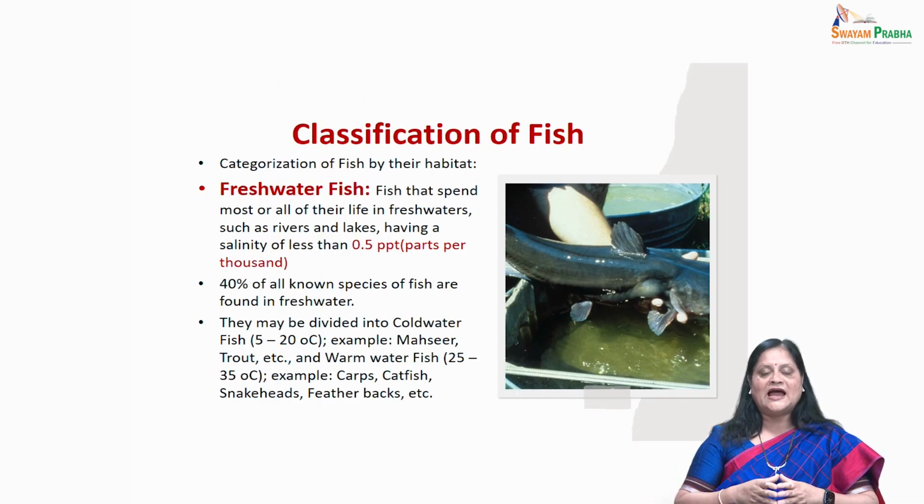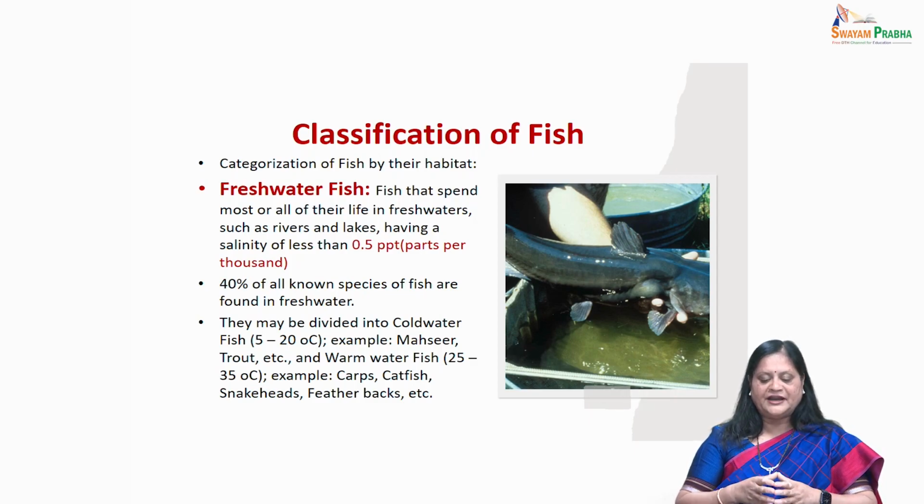Let us understand the classification of fish, categorization of fish by their habitat. Freshwater fish: fish that spend most or all of their life in fresh water such as rivers and lakes, having salinity of less than 0.5 parts per thousand. 40% of all known species of fish are found in fresh water.